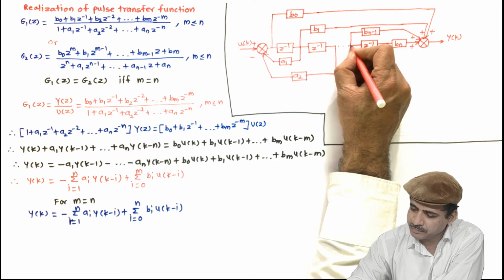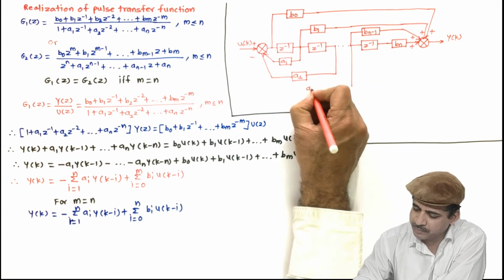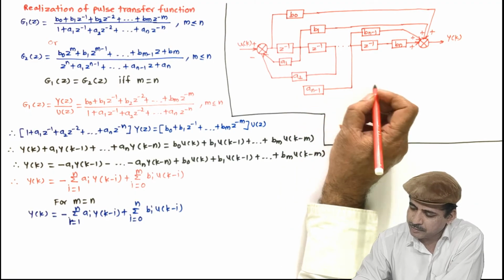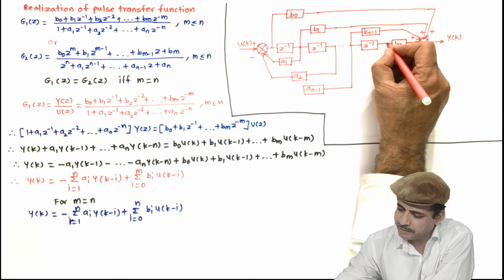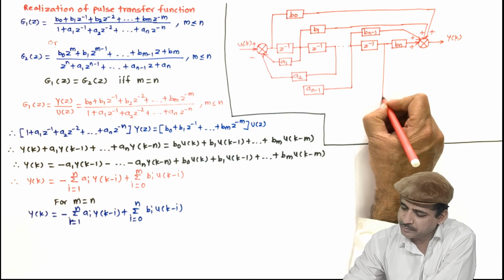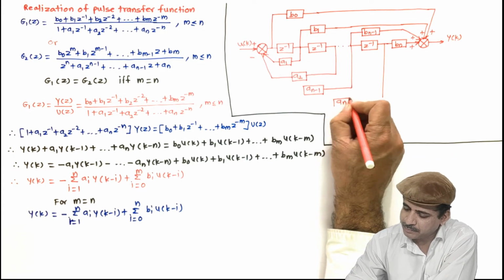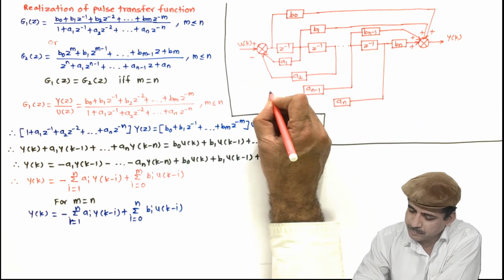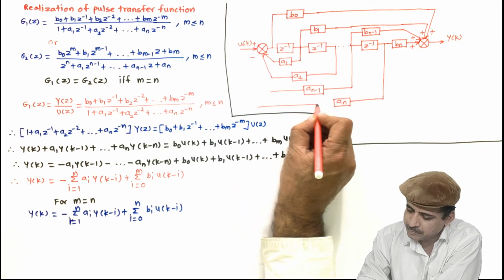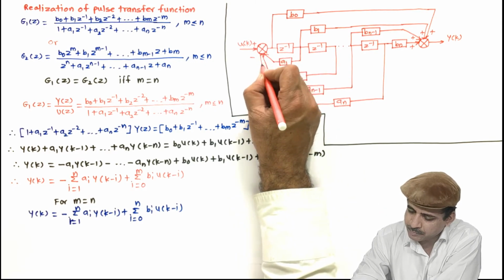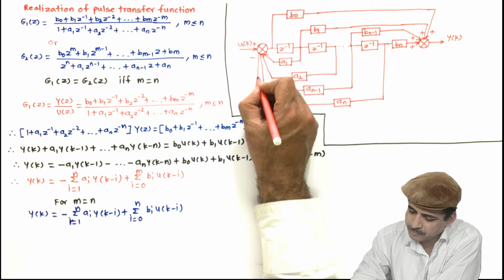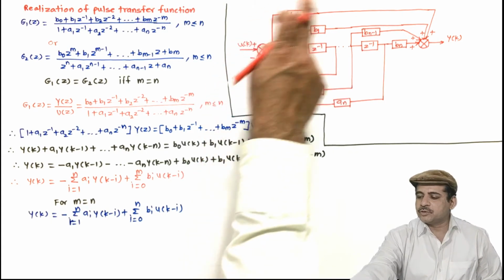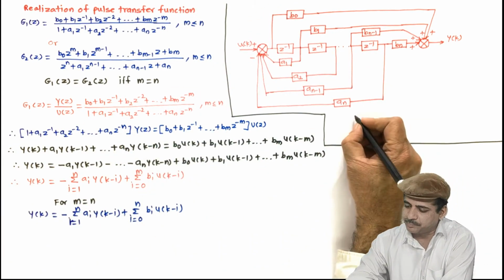Similarly, from this the term a n minus 1 will come, a n minus 1 y of k minus n minus 1. And finally, from here it will be an. All negative. So this is called the direct realization of pulse transfer function.